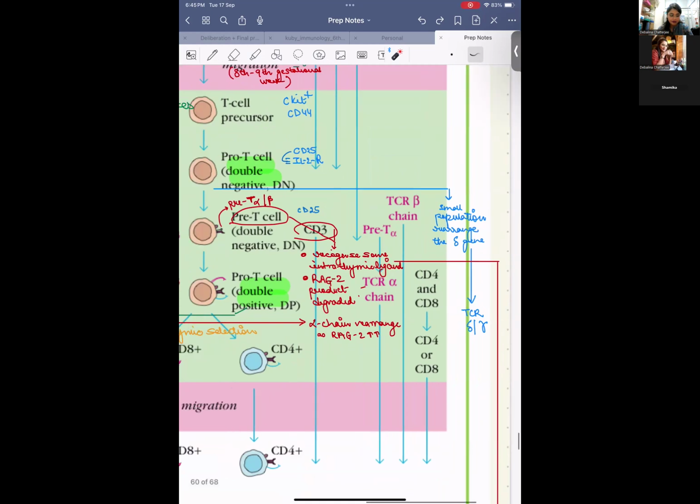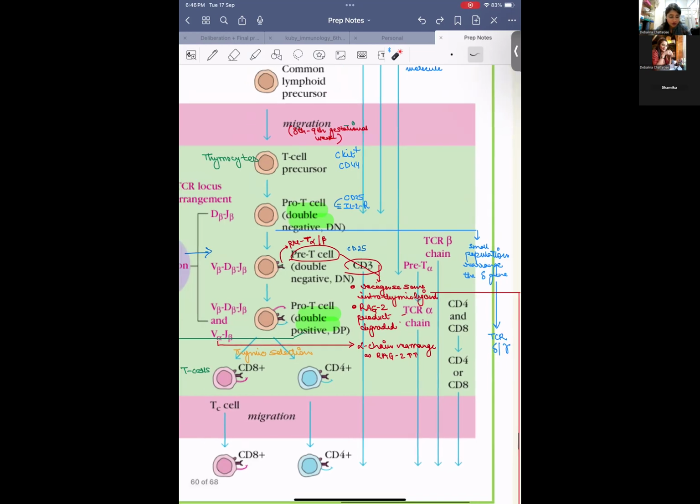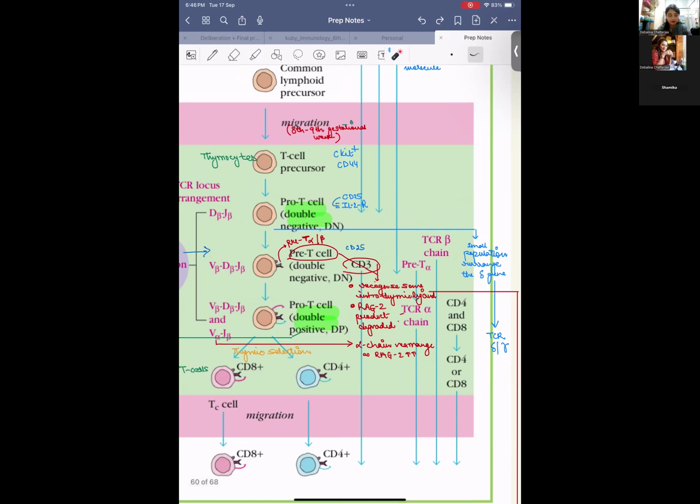Apart from that, one more thing. So we have discussed here the alpha beta type of T cell, which is the most dominant population of T cells in the circulation. But apart from that, as we have also discussed, there is another type of TCR, the delta gamma TCR, right? So where are they coming from? So until this point they follow the same path, right?